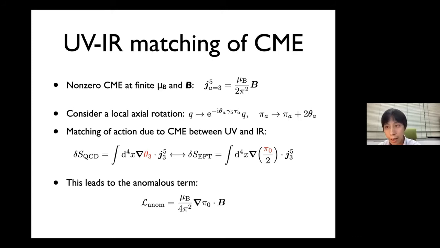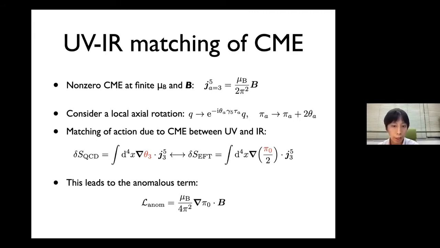Now, we require that the variations due to the chiral magnetic effect, given by this expression, match between QCD at UV and the low energy effective theory at IR. This leads to the anomalous term at low energy, simply by substituting the expression of the axial current into this equation.